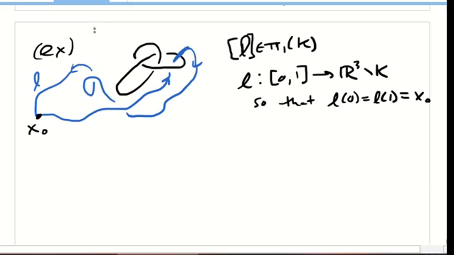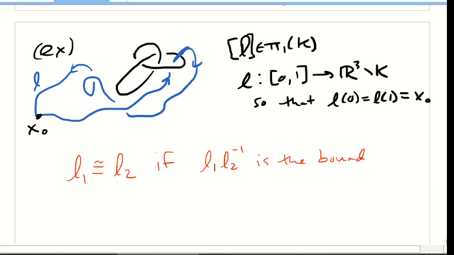So no holes in there. So we say L1 is equal to L2 under this equivalence relation if L1 L2 inverse is the boundary of a two-dimensional disk.